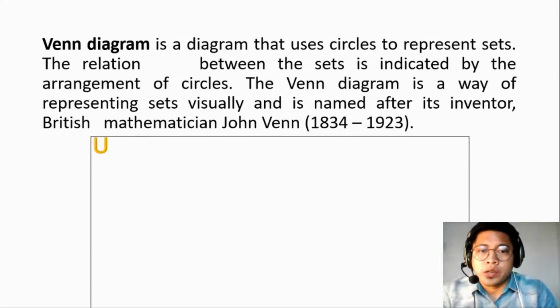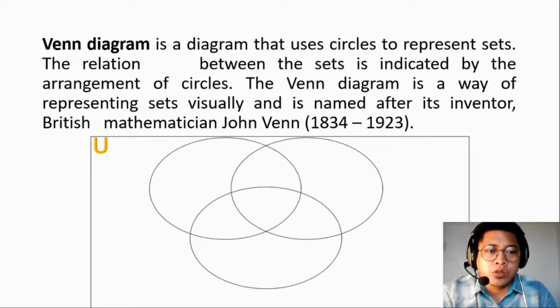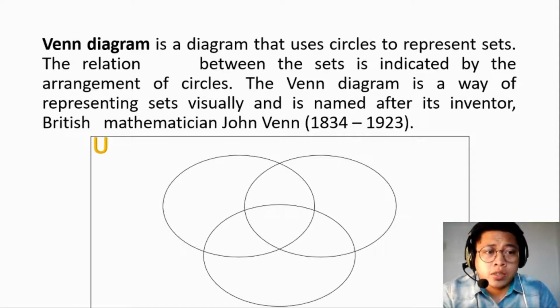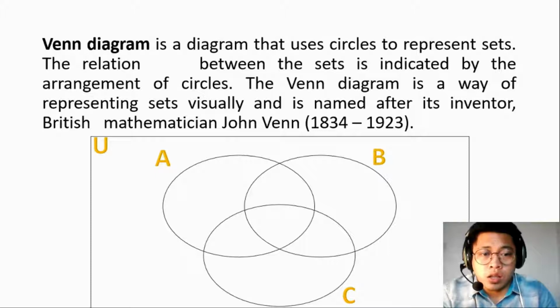Venn diagram is a diagram that uses circles to represent sets. The relation between the sets is indicated by the arrangement of circles. The Venn diagram is a way of representing sets visually and is named after its inventor, British mathematician John Venn, 1834 to 1923.